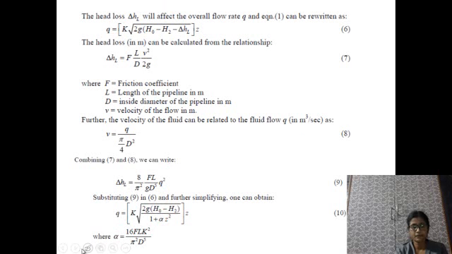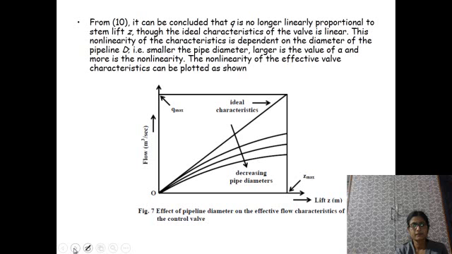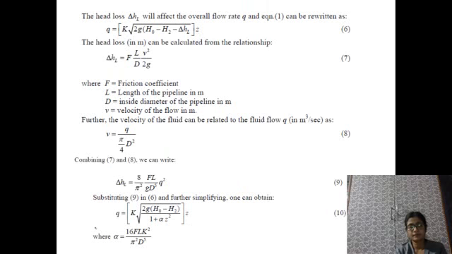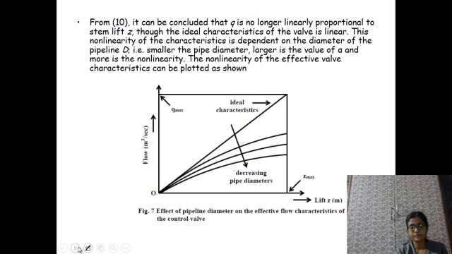All are constant values. So it can be concluded that here is the z, but at the denominator there is a square root, under the square root there is a z square. So the characteristics is no more linear to the stem lift.